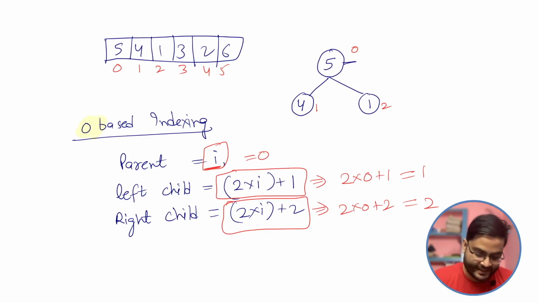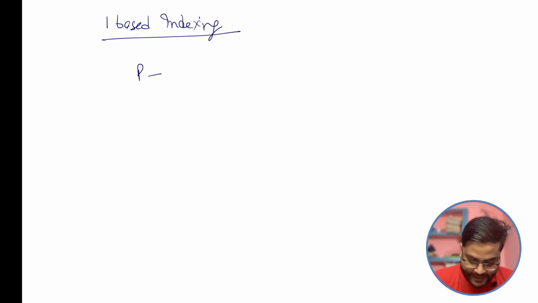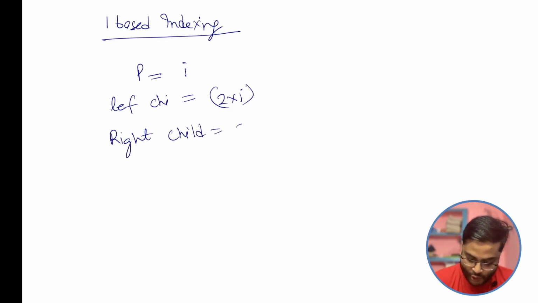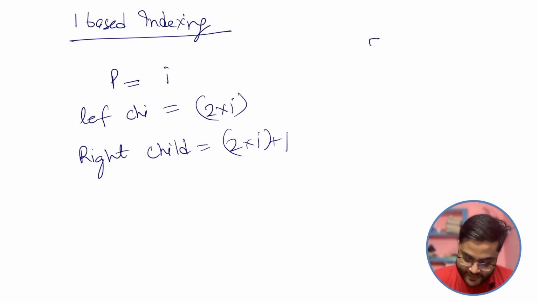If we have one based indexing, then let's say the parent will be at I, the left child will be at 2 into I, and the right child will be at 2 into I plus 1. Okay, let's say we have 5, so its index is 1.